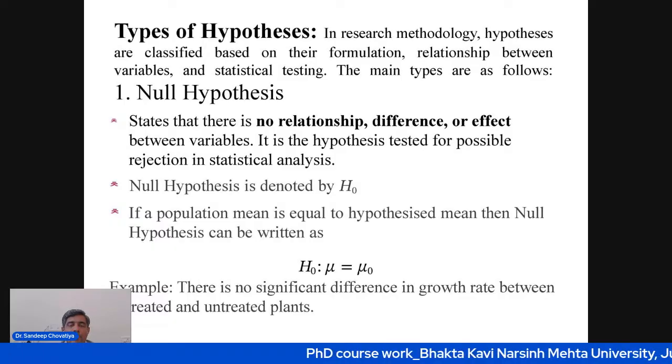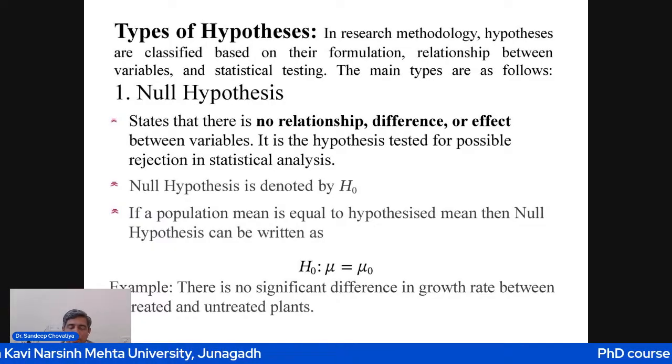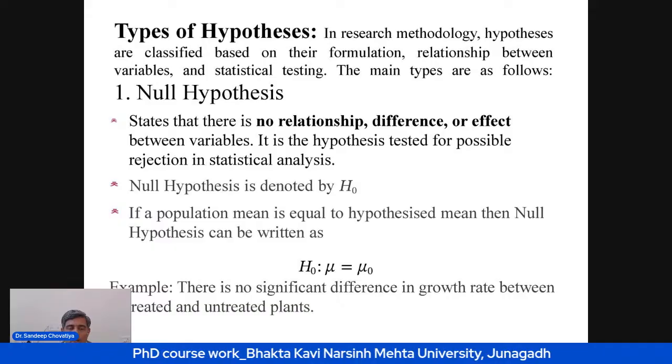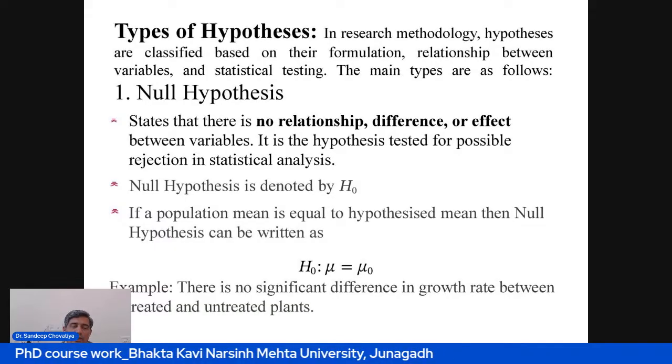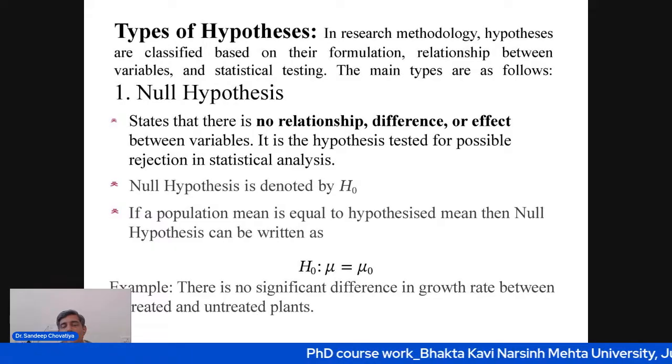For example, there is no significant difference in the growth rate between the treated and untreated plant. Simply, I give the example: in one plot I give the fertilizer or treatment to the plant, and in another plot I do not give any kind of fertilizer or treatment. So my null hypothesis is that the population mean mu is equal to mu0.